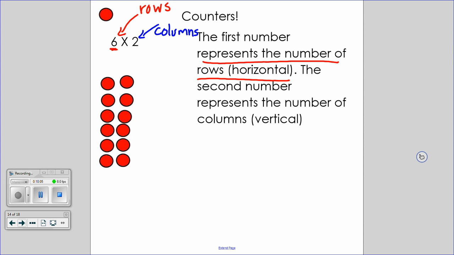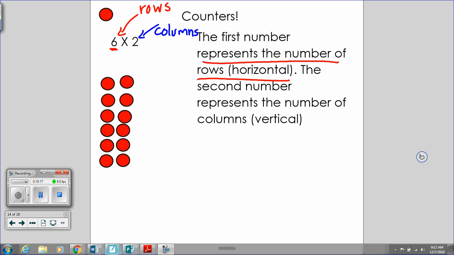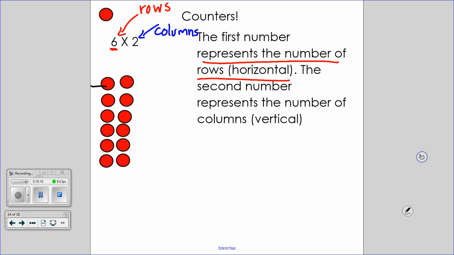Have 6 times 2 drawn in your notebook with arrows telling you what they represent. See how I have 6 rows going across? 1, 2, 3, 4, 5, 6, right? And then I have 2 columns. Does that make sense?